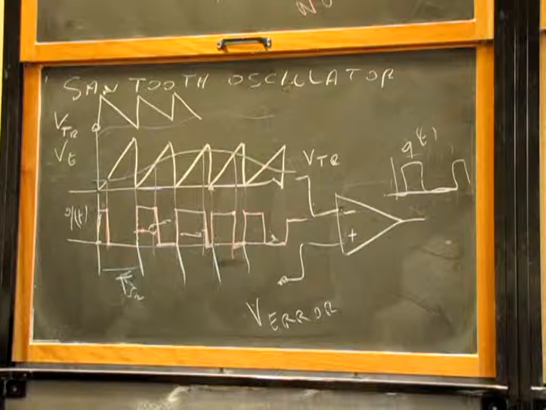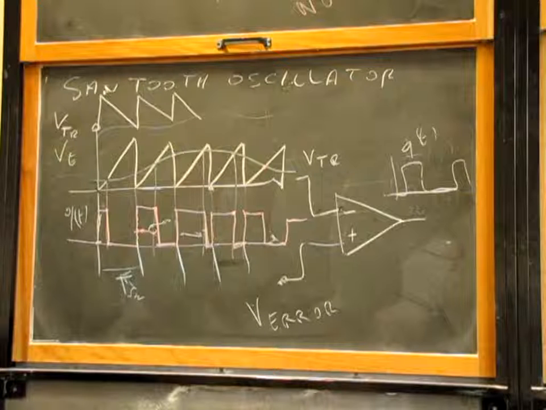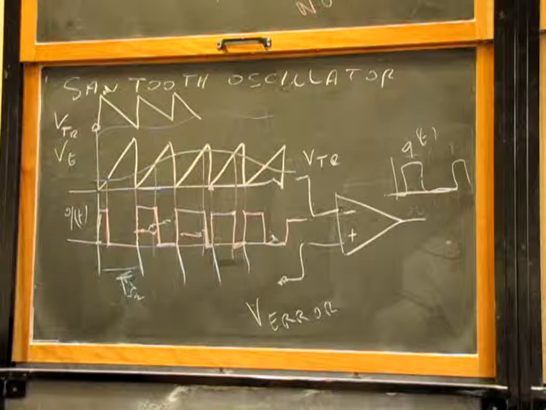If you go to DC to AC converters, that means inverters, that will be your class with Professor Musolino, second semester, second term, you will see that inverters don't use a sawtooth, they use a symmetrical triangular wave.